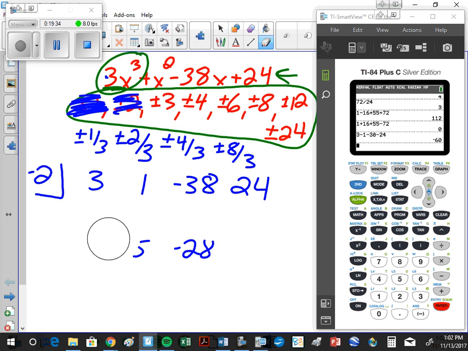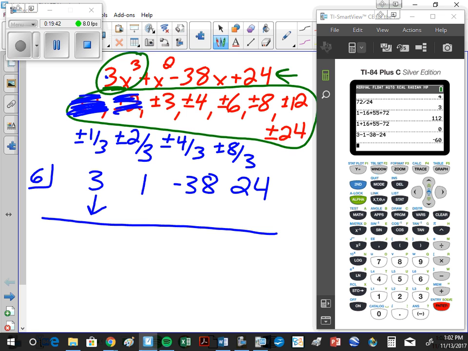Okay. Now what do you want to try? 6? 18, 19. I don't know what that is. 114. What do you think? Not even going to be close.